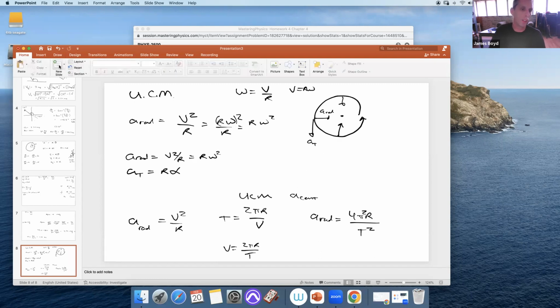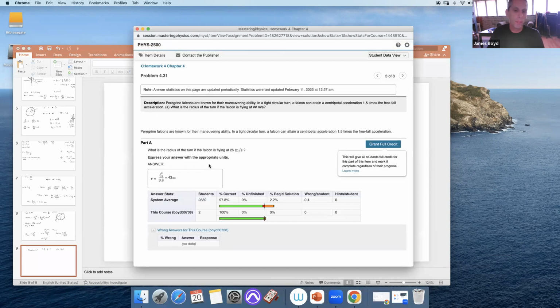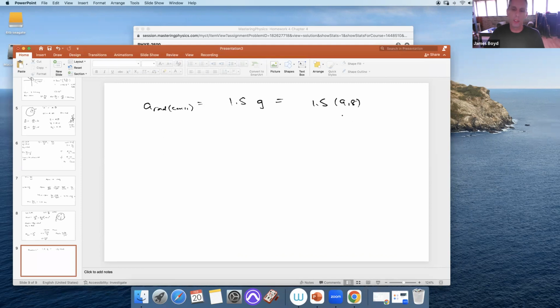We're told that a_rad is 1.5 times free fall acceleration. So our radial or centripetal acceleration is equal to 1.5 g's, or 1.5 times 9.8. What radius turn if the Falcon is flying at 25? So v is 25 meters per second, and this is meters per second squared. So a_rad is v squared over r.